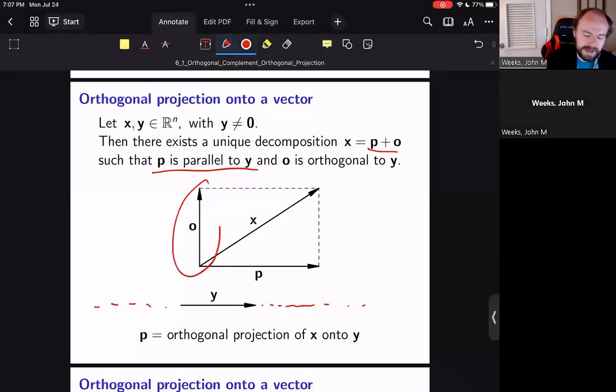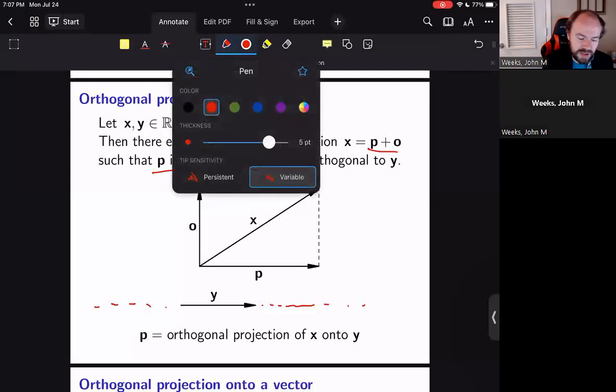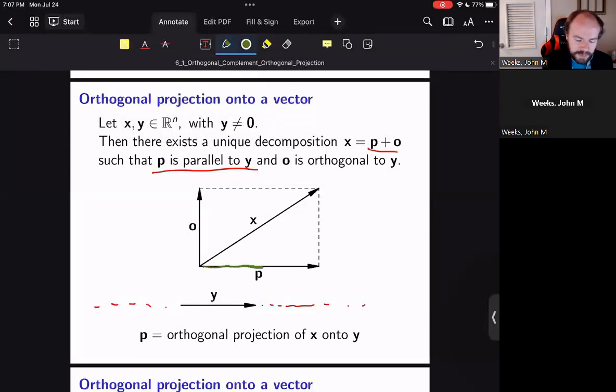And it is the sum of that vector with some orthogonal vector to the vector y. So you can see here with this picture that this projection p is some sort of scalar multiple of y, hence the parallelness of the two vectors. And then x is the sum of these two vectors p and o.